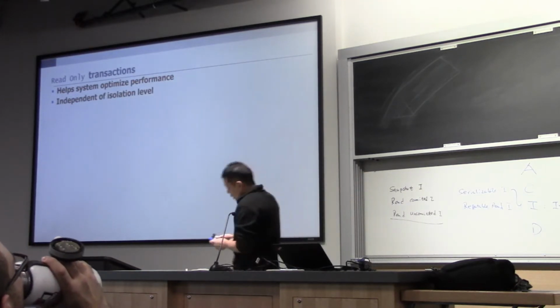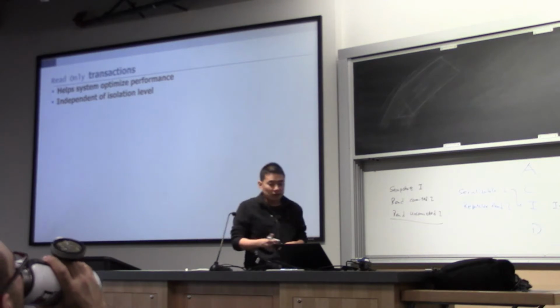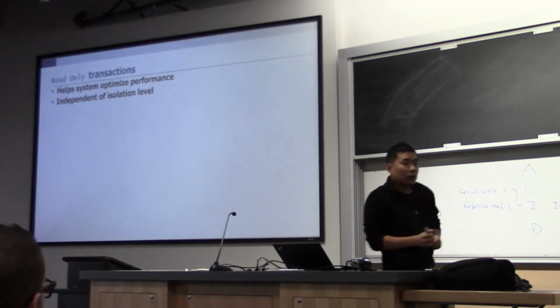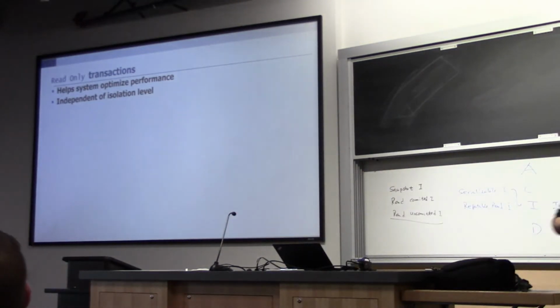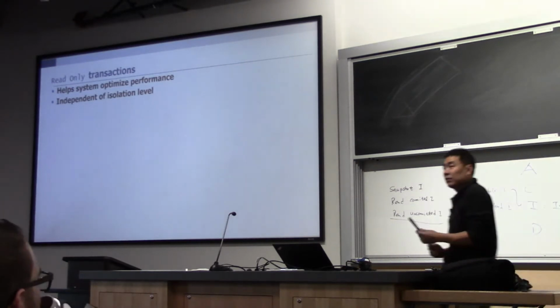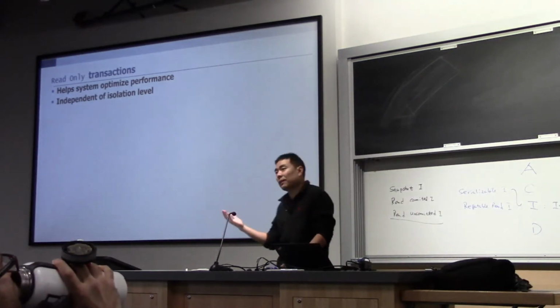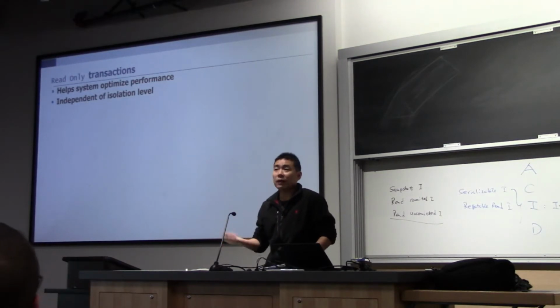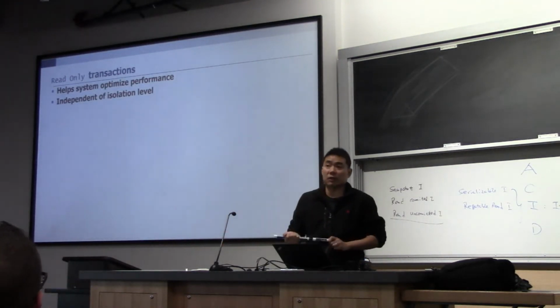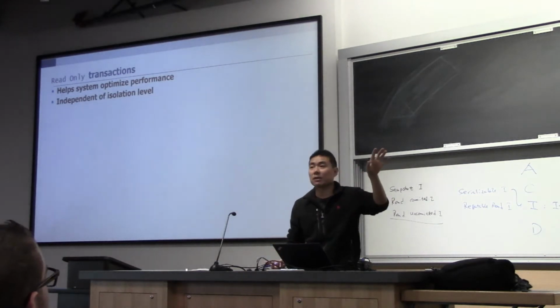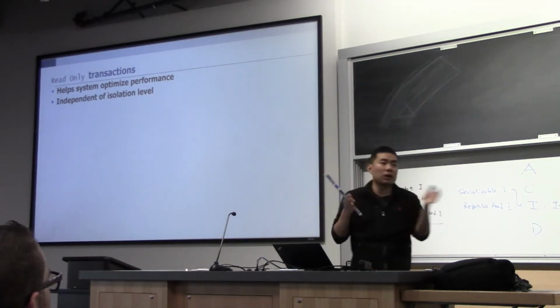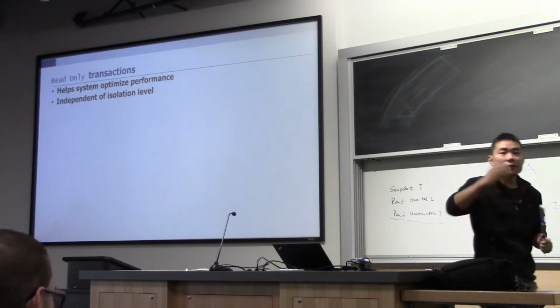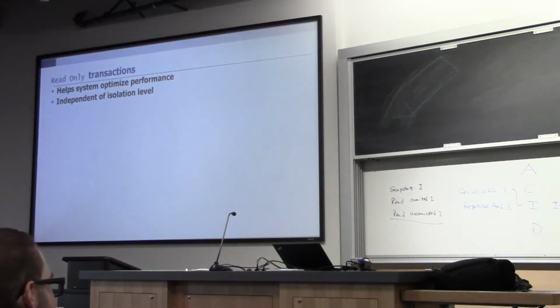Next, I'm going to say a few words on these read-only transactions. The challenge introduced by different isolation levels is really caused by write operations. Imagine you go to Amazon.com and every user only does search, but never does any order or update.